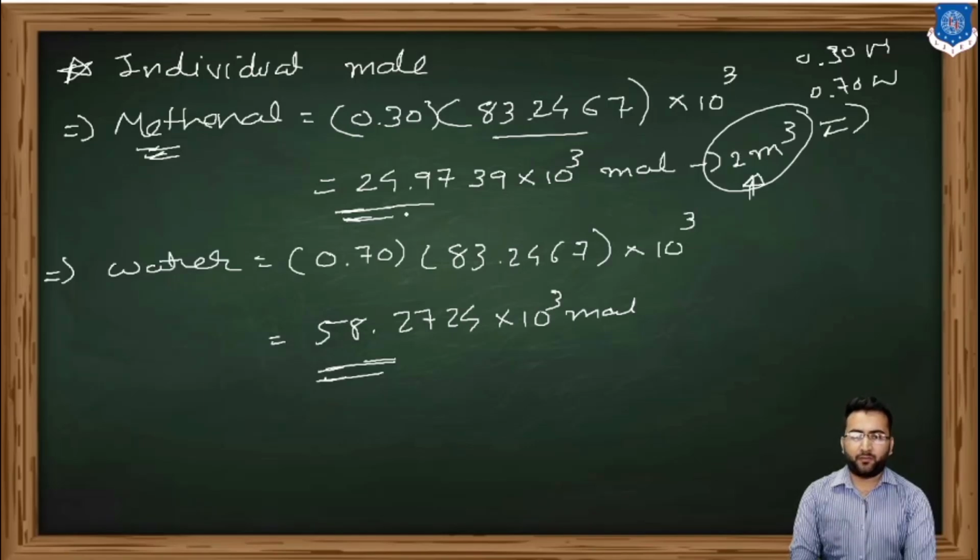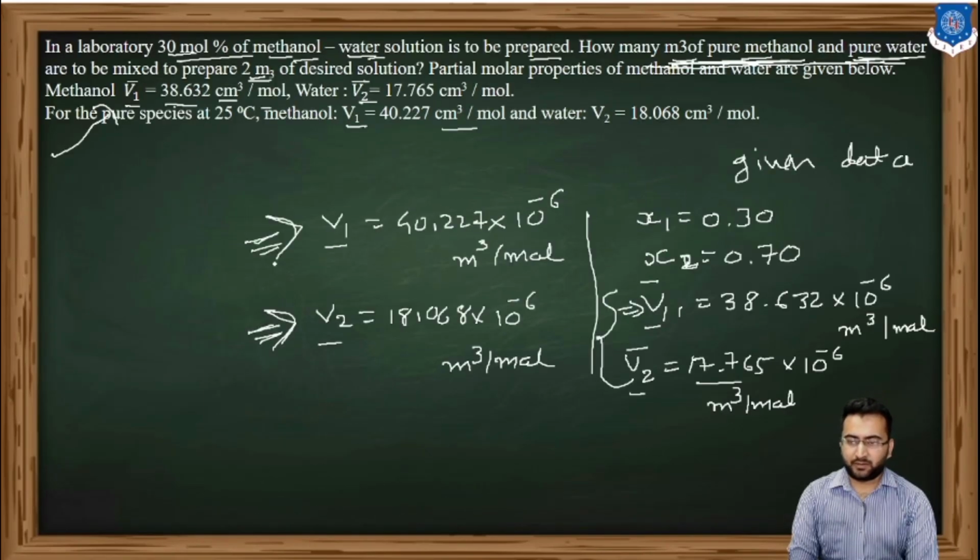To find out the volume, we require the mole of methanol and the mole of water multiplied by the molar volume of methanol and the molar volume of water. So the mole is already found, and the molar volume is given in the statement, which is V1 and V2.